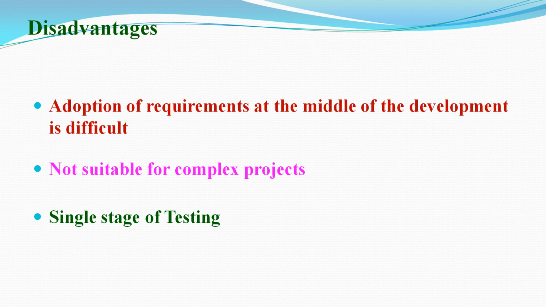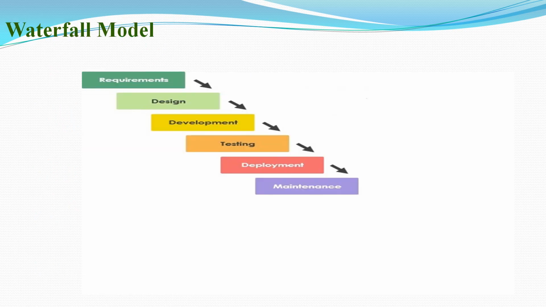That means we cannot modify the requirements in the BRS document, or add new requirements to the BRS document. Because once the requirement stage is completed, we will go for the design phase. Before going to the design phase, the BRS document has to be frozen. What does it mean?